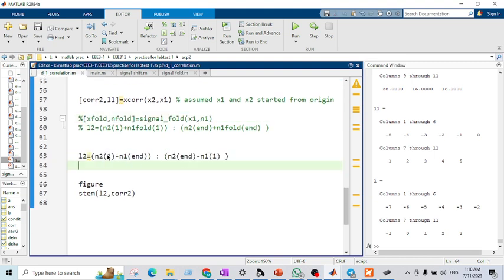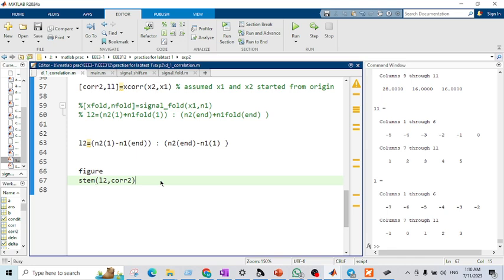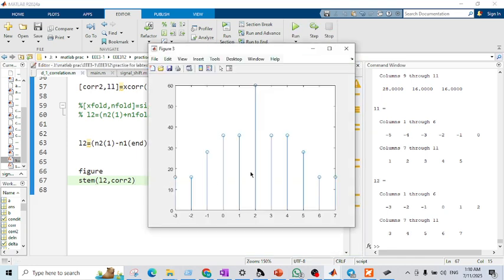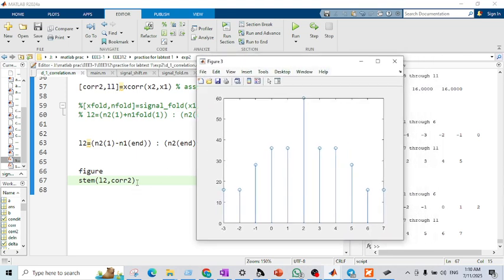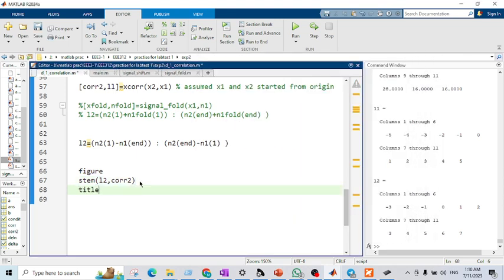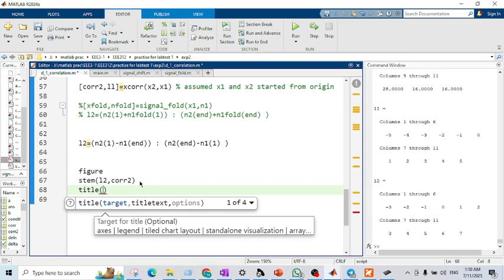This is the formula I previously talked about. Now if I run this part, I will get this. Let me give a title. So this is xcorr of x2 comma x1.